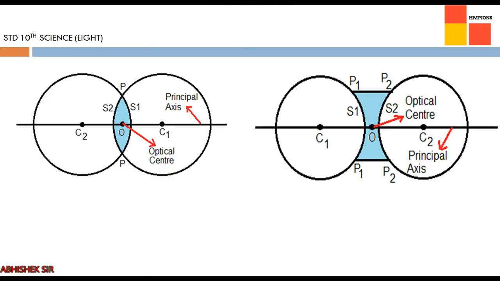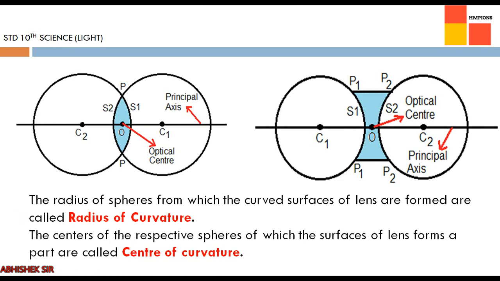Now these lenses have two surfaces which are curved. So we have to imagine that both the curved surfaces form a part of some imaginary sphere, right? See in the figure, for both the surfaces in both the lenses, we have an imaginary sphere. So we have defined two definitions, radius of curvature and center of curvature, based on this figure.